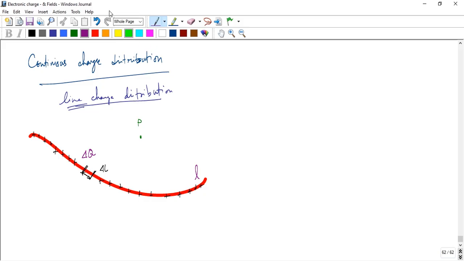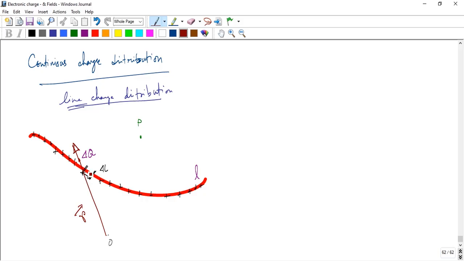Now, graphically, this is the origin point O, and the position vector of the small length is called R.